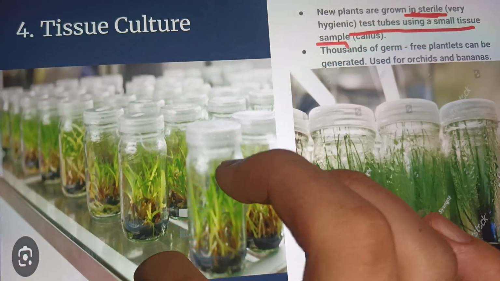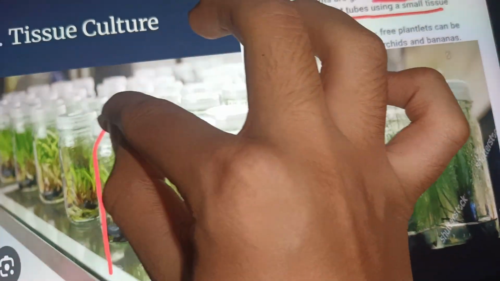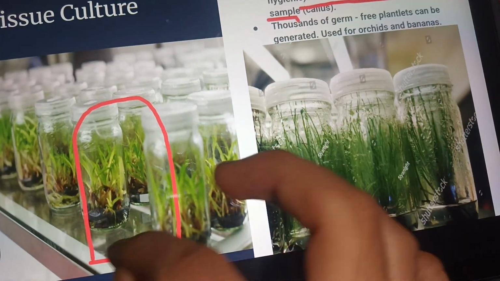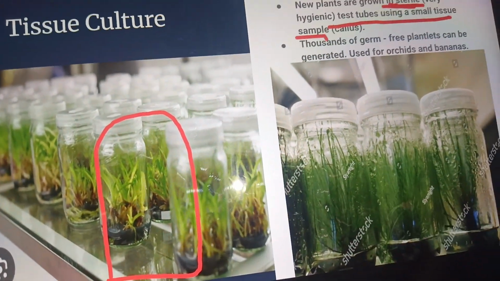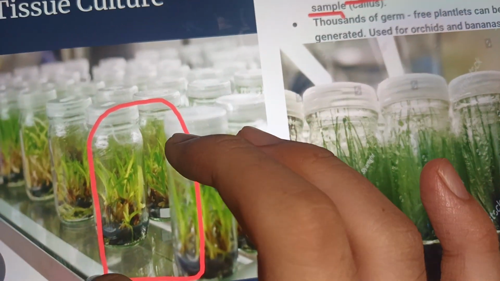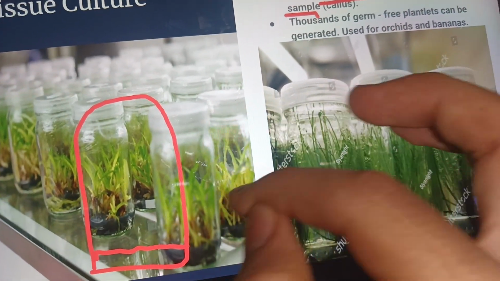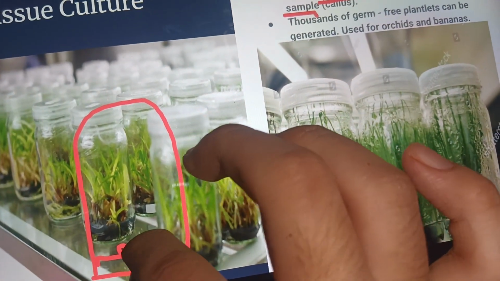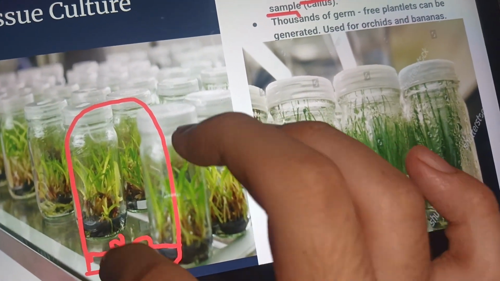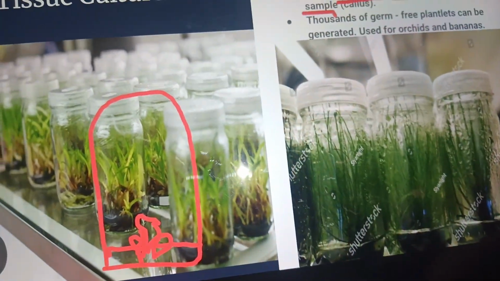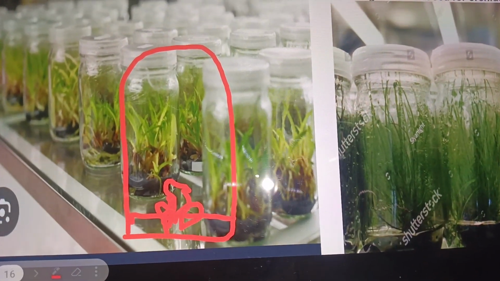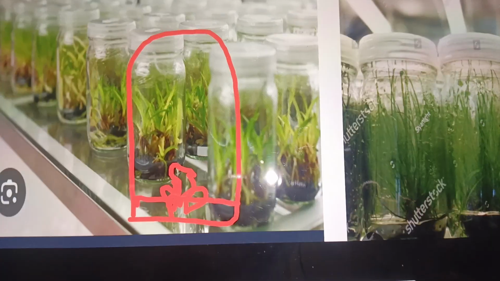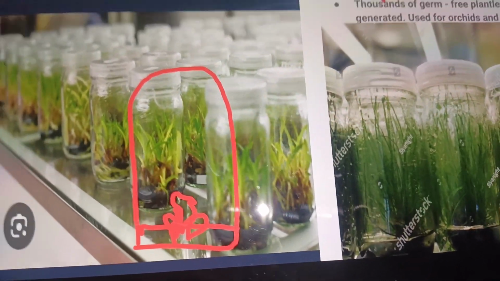What happens over here? Suppose in this test tube it has been grown. It is very hygienic. Then a very small tissue is placed in the soil. Is that clear?